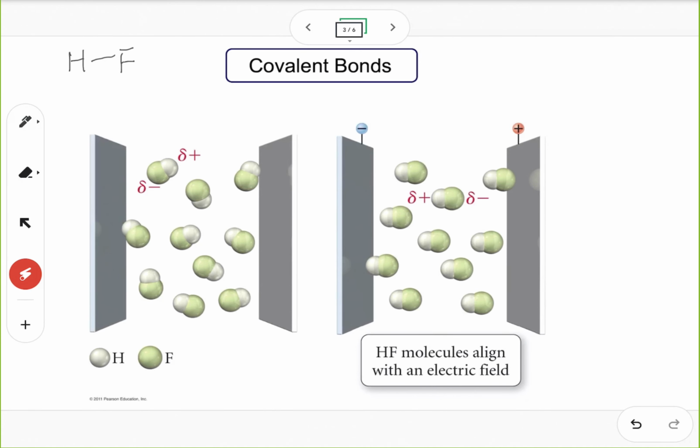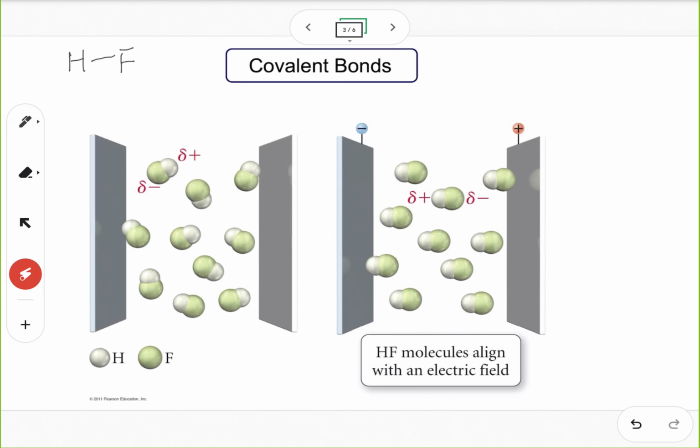Therefore, even if you have HF, these two atoms sharing 2 electrons, they share these two electrons unevenly. In other words, fluorine will attract these two electrons better. Those two electrons are going to move around fluorine most of the time. Sometimes they can move to the hydrogen side, but most of the time they're going to be on the fluorine side.